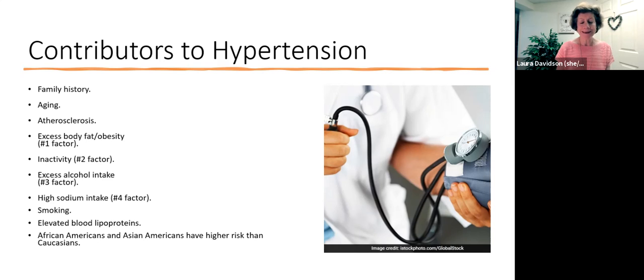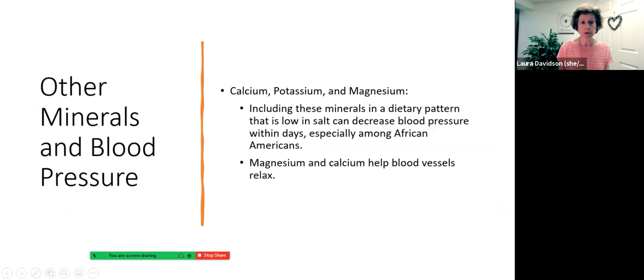The number 2, inactivity. The number 3, too much alcohol. The number 4, too much sodium. First of all, notice that too much sodium is not on the top of the list. Secondly, notice that these are all lifestyle changes that have the highest on the list here. African Americans and Asian Americans do have a higher risk than Caucasians, so we will note that.